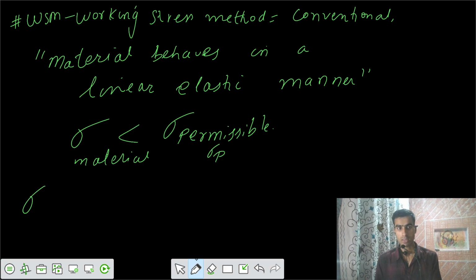What is sigma p actually? Sigma p is sigma permissible, which equals the strength of material divided by a factor of safety. There is some factor of safety we have applied on the strength of material.